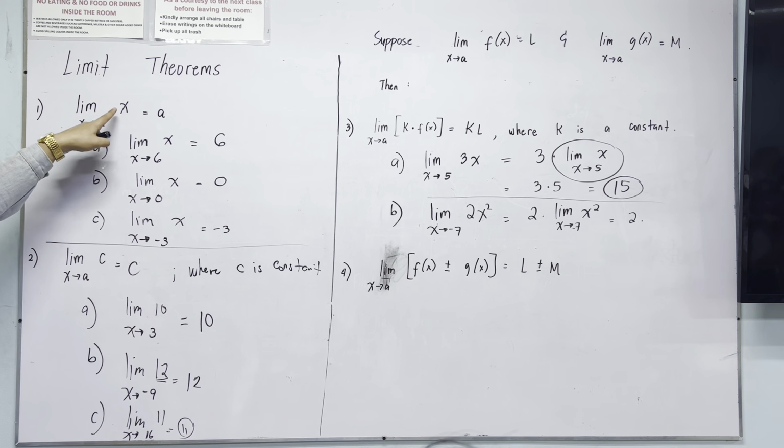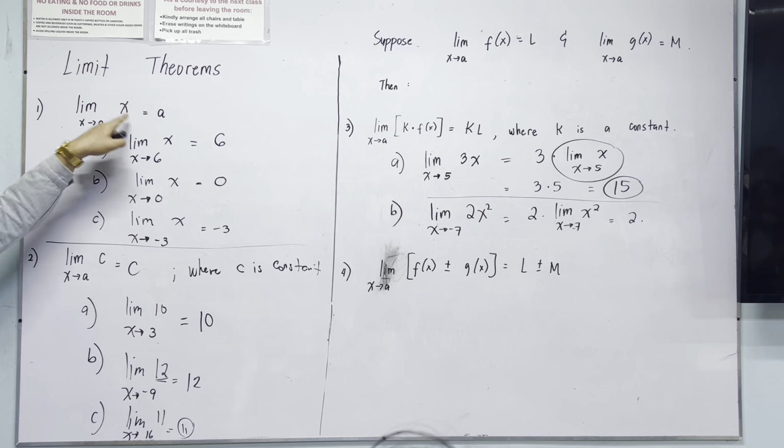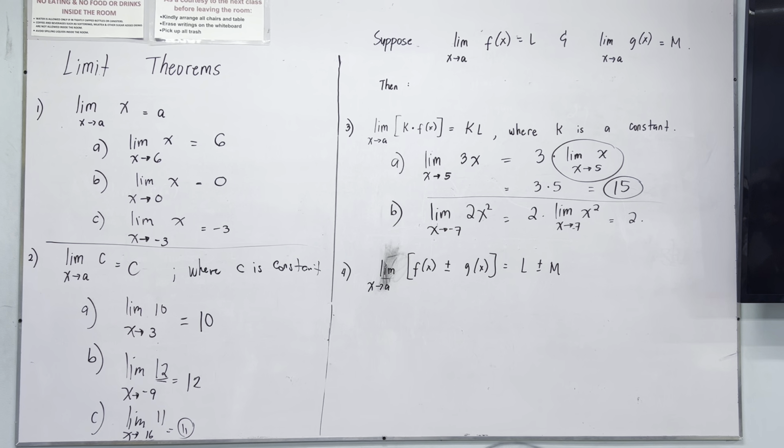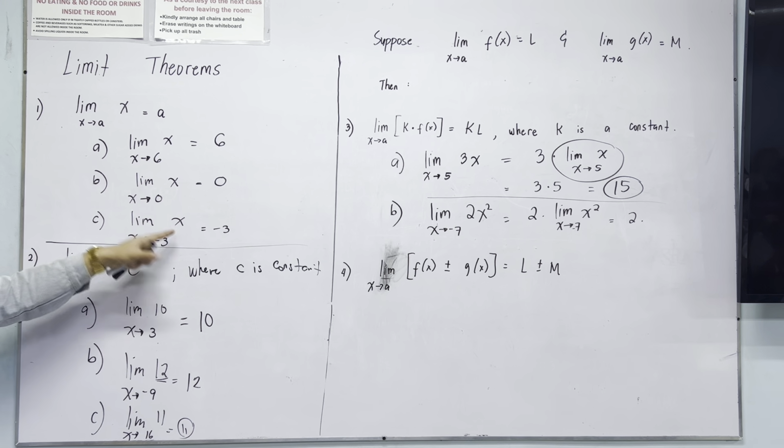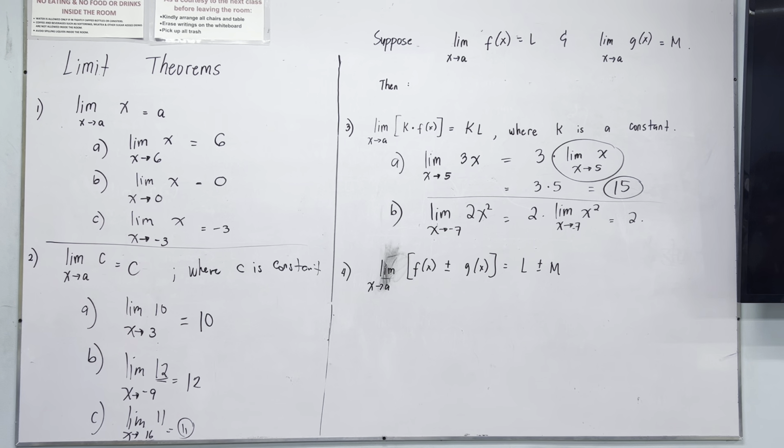Sabi niya sa theorem 1, dapat wala siyang square. Ang goal natin dapat x lang siya, gaya ng theorem 1, puro x. Paano tatanggalin yung square? Hindi ka pwedeng gumamit ng square root kasi we're not getting the value of x.